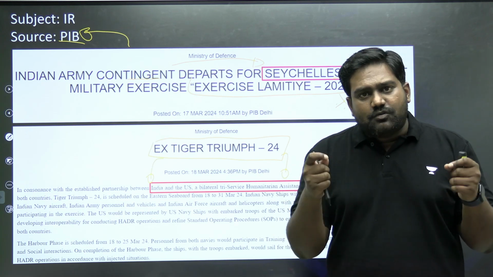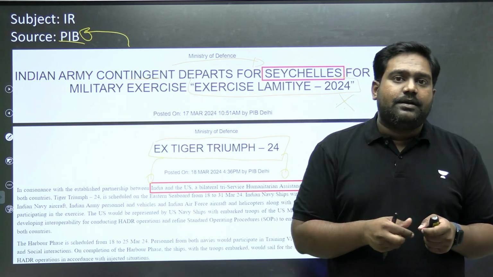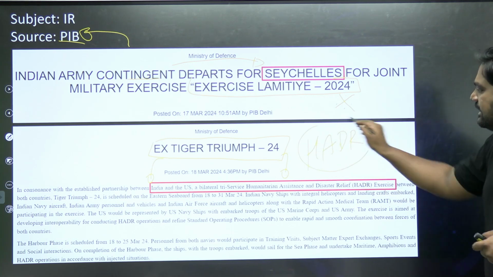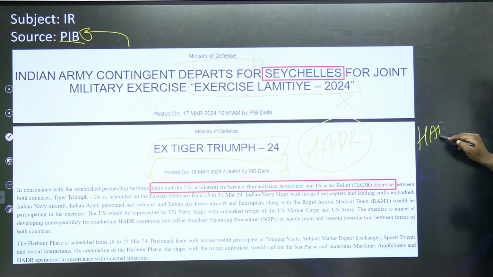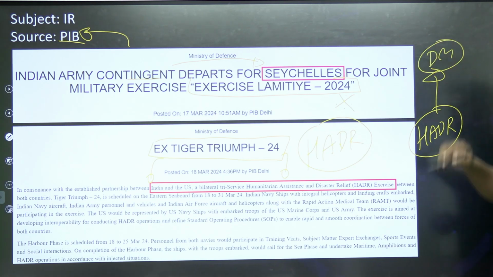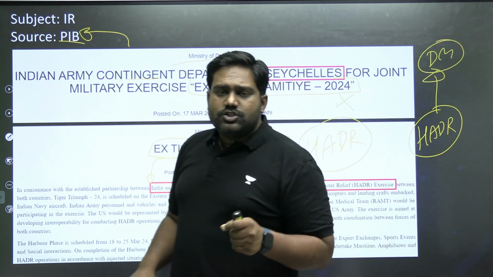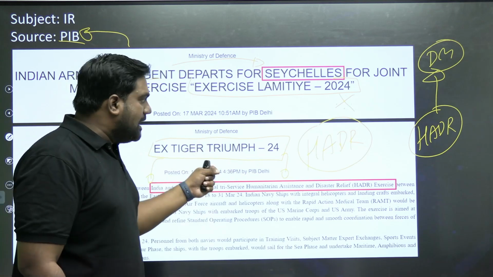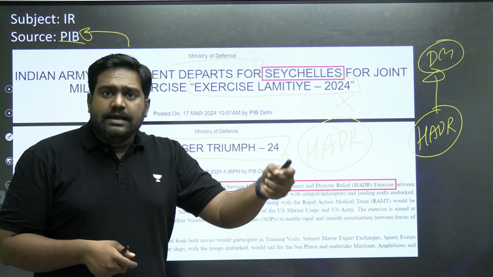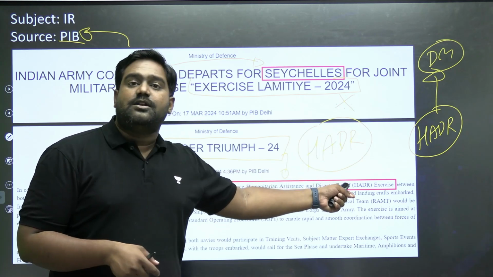So the three services of both the countries together participate in HADR operations, humanitarian assistance and disaster relief operations, which is part of disaster management efforts. So the specific focus of Tiger Triumph is on disaster management, how India, US together can provide HADR assistance to disaster affected countries.